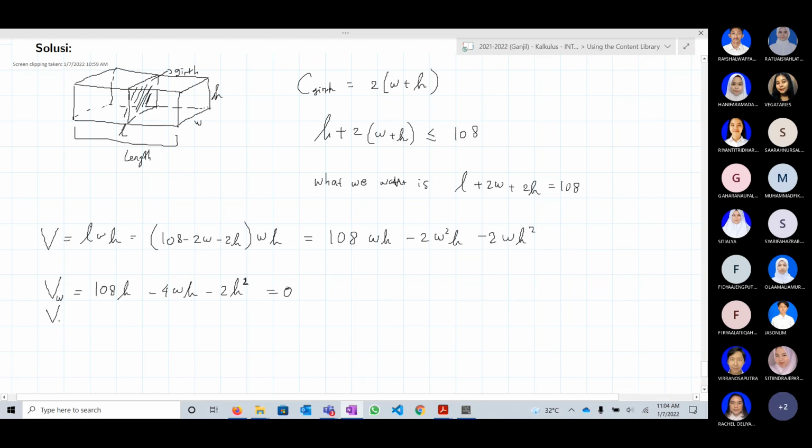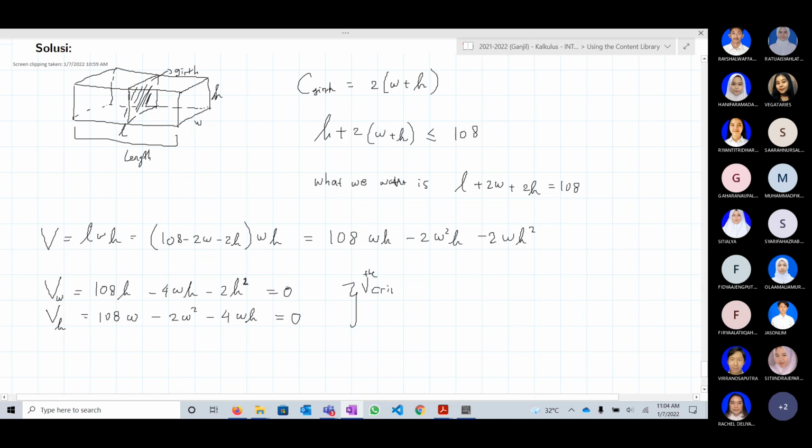And the partial derivative of V with respect to H is 108W minus 2W squared minus 4WH, equal to 0. From here you can try to find it later. I have computed it. We will find critical points.